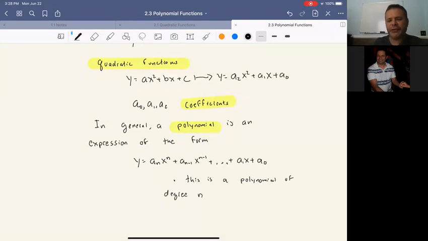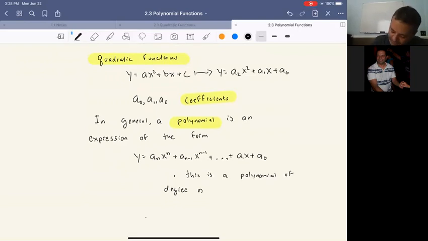And this is also what we would call the standard form for a polynomial. Second, all the powers are positive whole numbers.